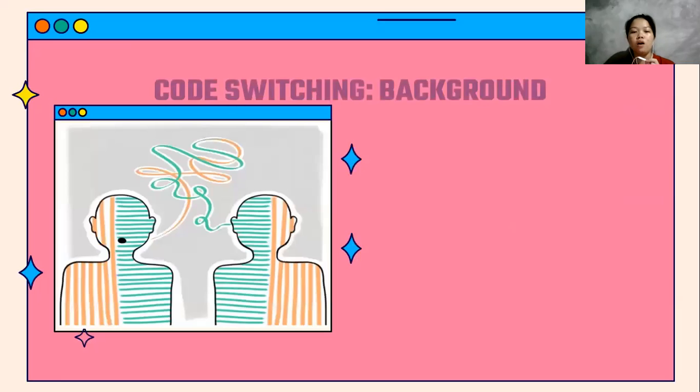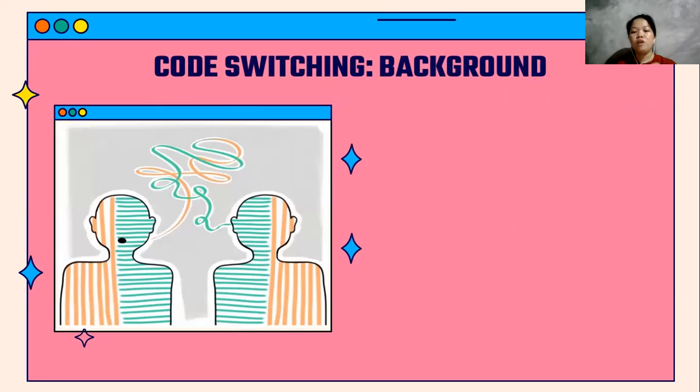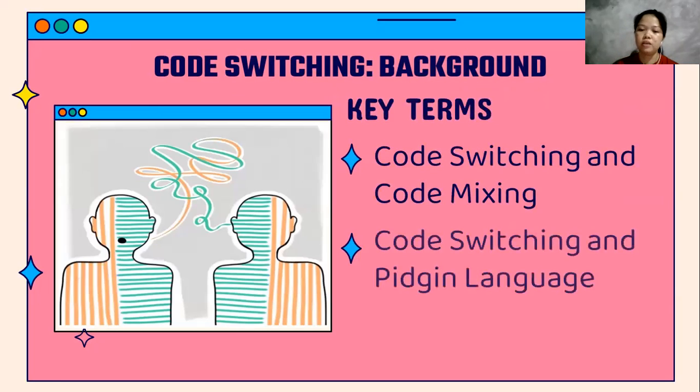Now, to better understand code switching, we first have to differentiate it from other terms: code mixing and pidgin language. What's the difference between code switching and code mixing? Code switching is something speakers do intentionally because they want to express themselves with a personal style or flavor in order to fit the listeners they are talking to.